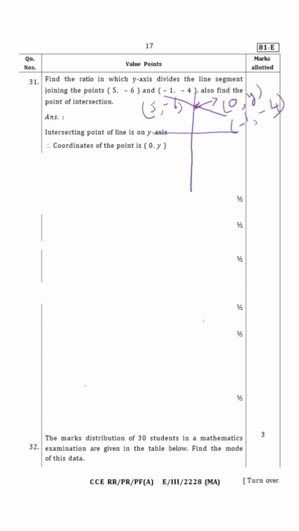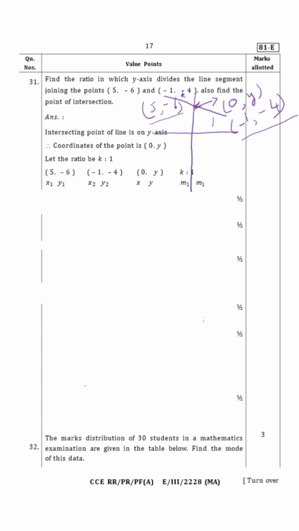So let it cut the line in the ratio k is to 1. Let this be k, this be 1. Now (5, -6) is x1, y1, and (-1, -4) let this be x2, y2, and (0, y) is the point P.